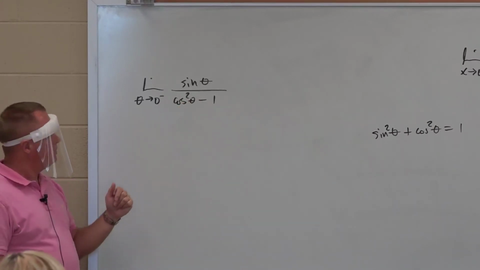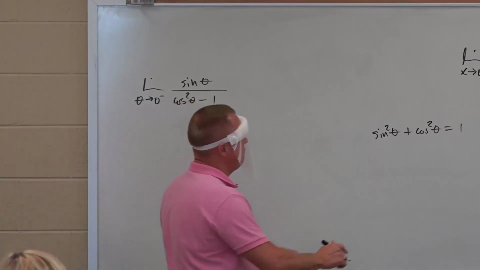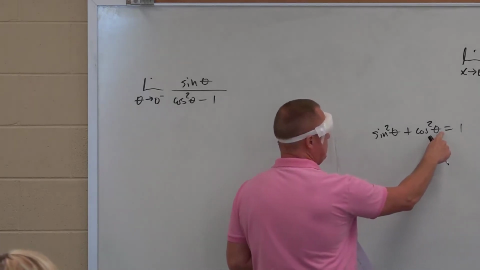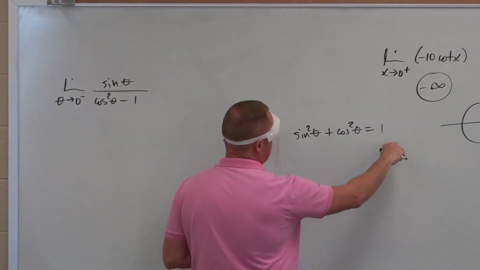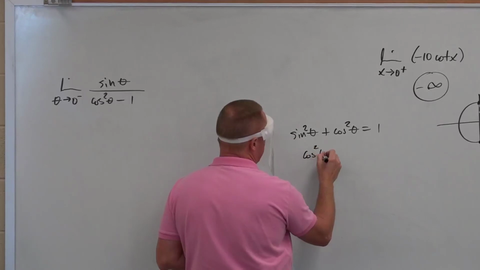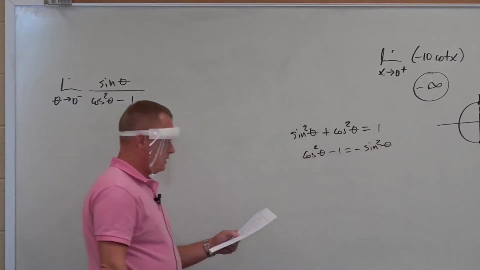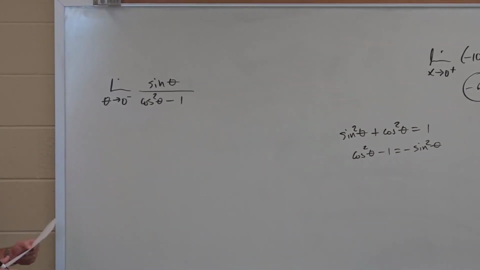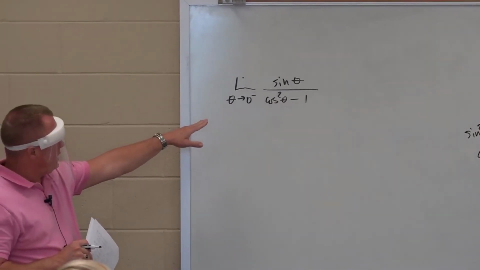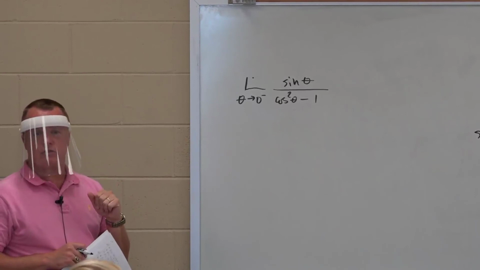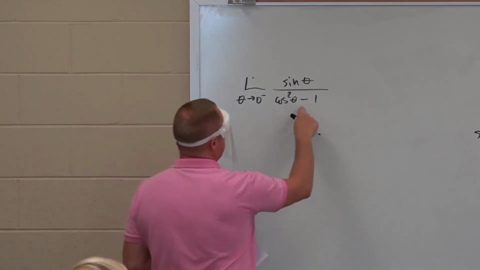that to be helpful. So notice here, if I subtract 1 here and subtract sine squared, I get cosine squared theta minus 1 equals negative sine squared theta. Okay, so cosine squared minus 1 is the same thing as negative sine squared. So let's put that in the place of this.